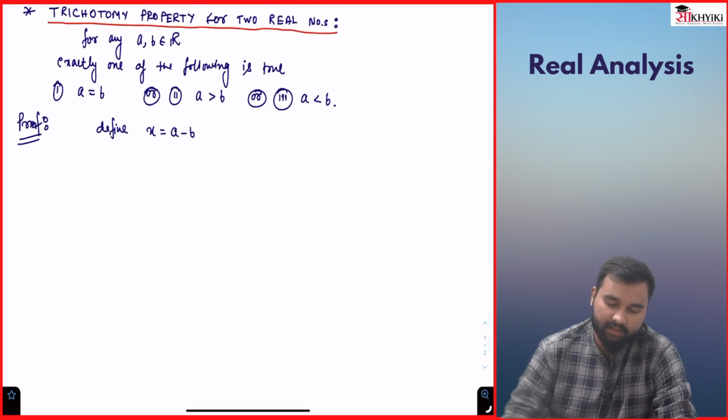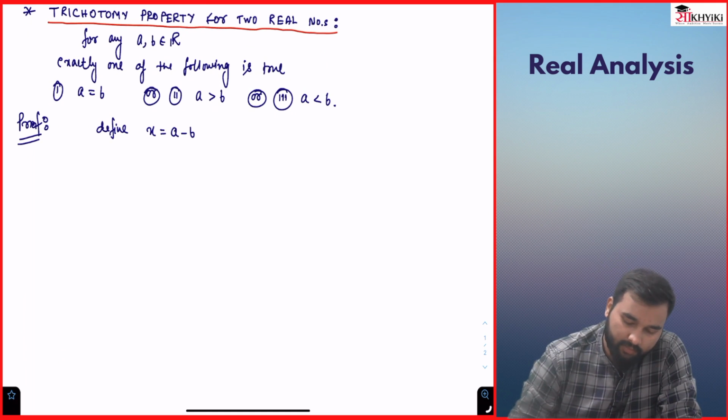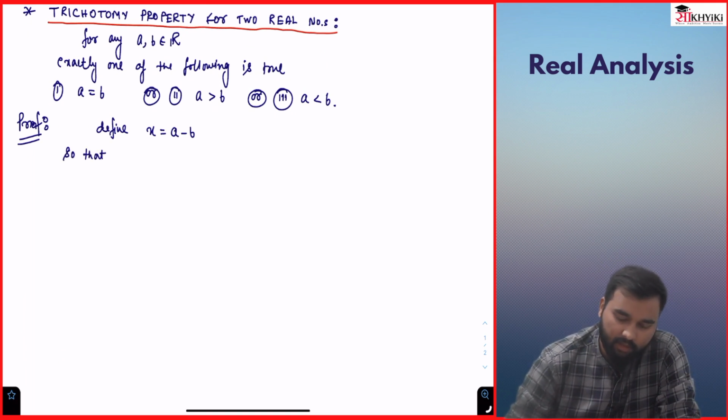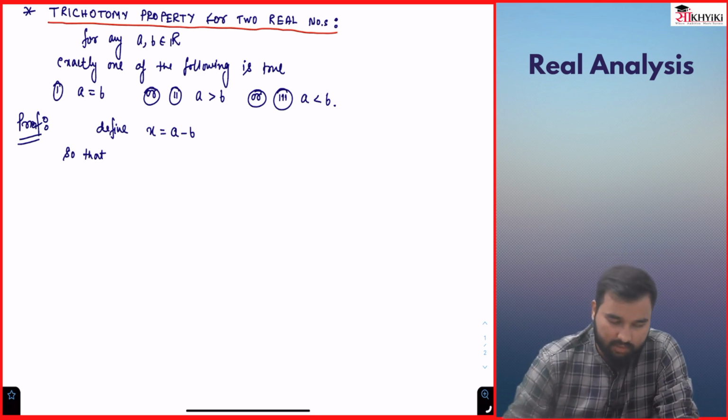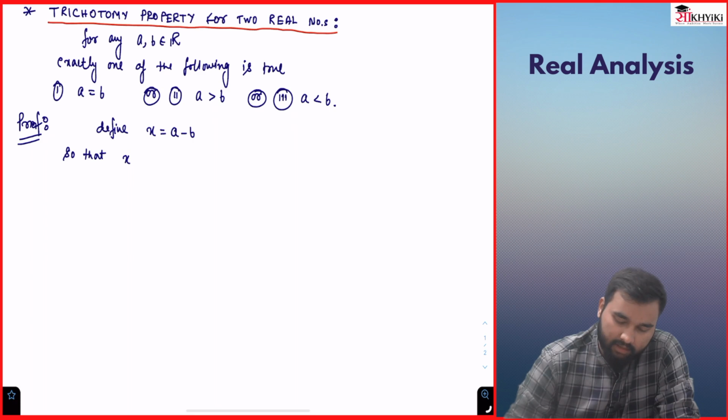Now A and B are real numbers, so their subtraction is also a real number, which means X belongs to the real numbers.